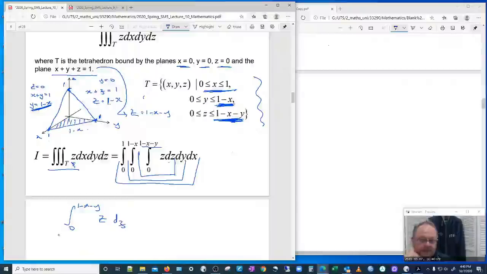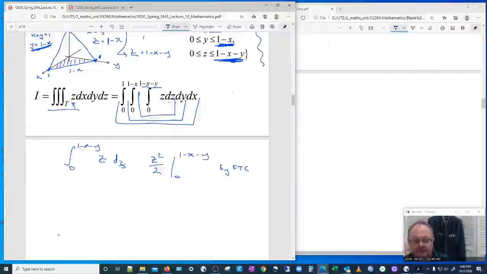So just be careful how you put this on the page. Alright, so the integral is going to be between 0 and 1 minus x minus y by the fundamental theorem.